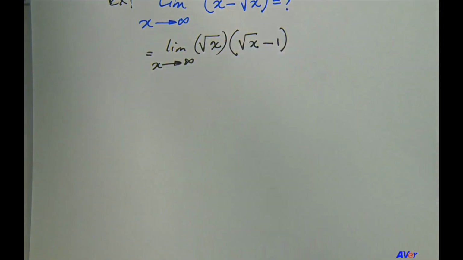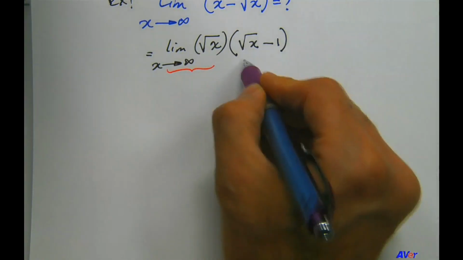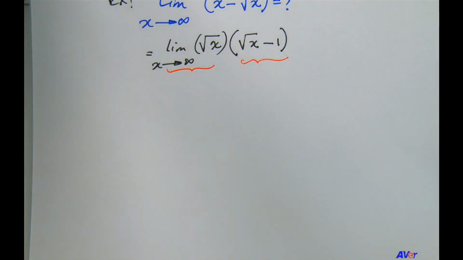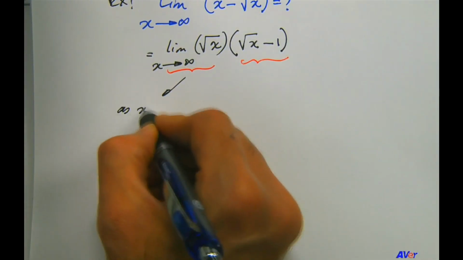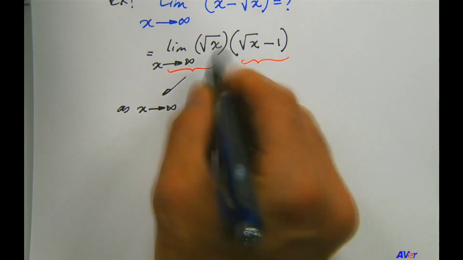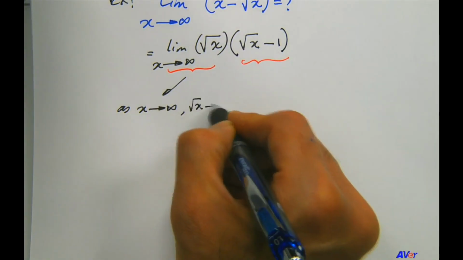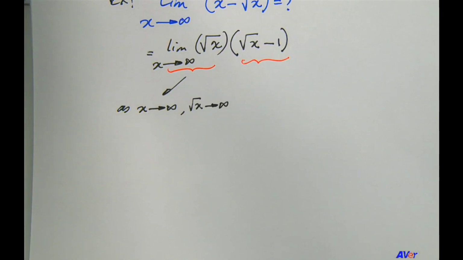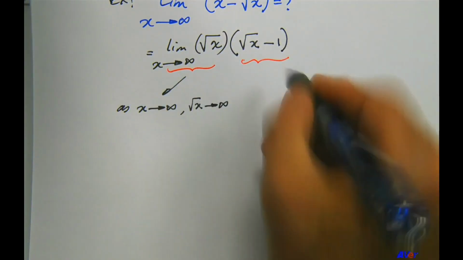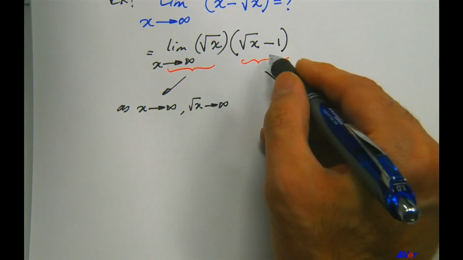So let's look at this piece first, and then this piece. As x approaches infinity, for sure the square root of x also approaches infinity, right? You take the square root of infinity, what do you get? Infinity again. So how about this one? More or less the same thing.